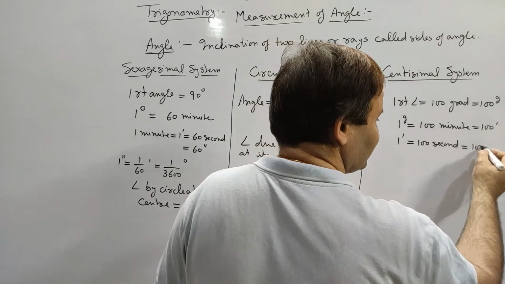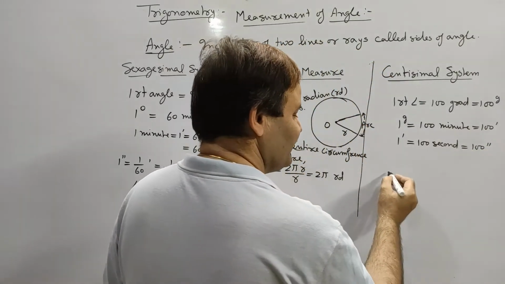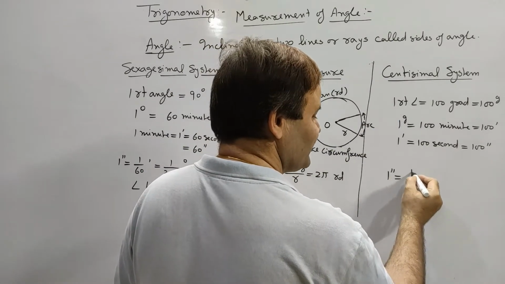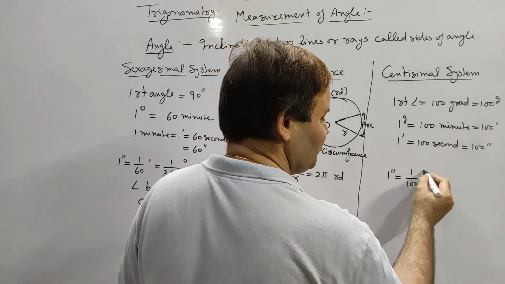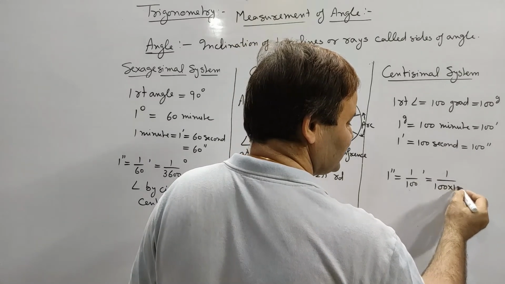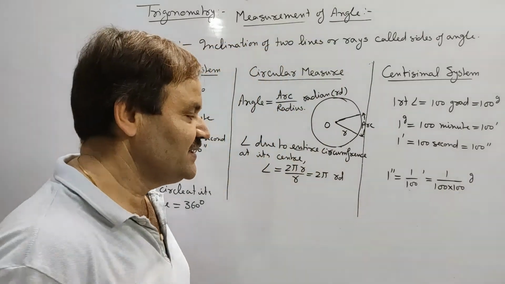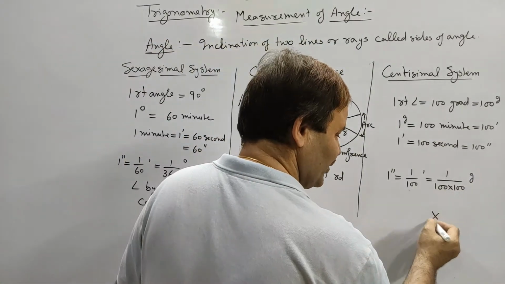So 100 second. Thus 1 second is equal to 1 by 100 minute, which is equal to 1 by 10,000 of a grad.